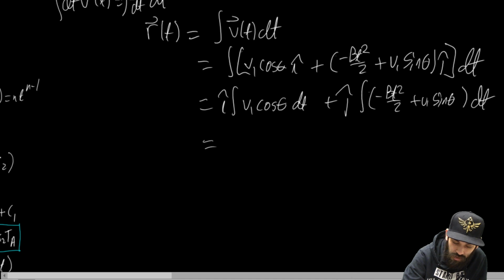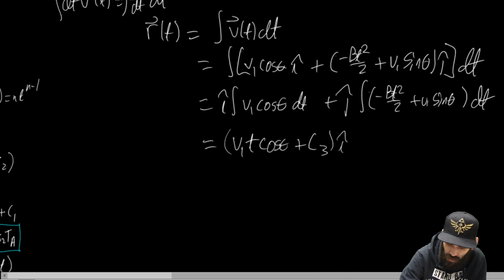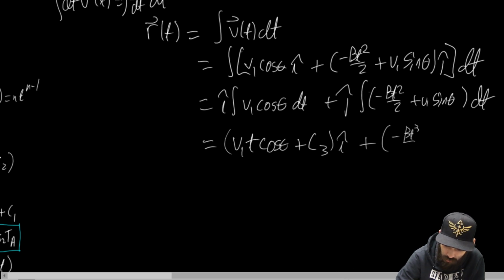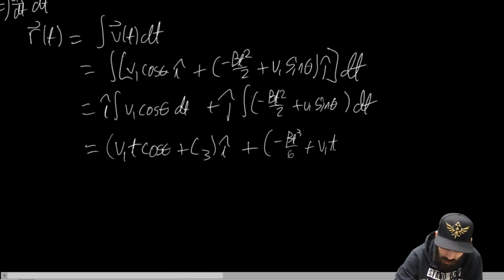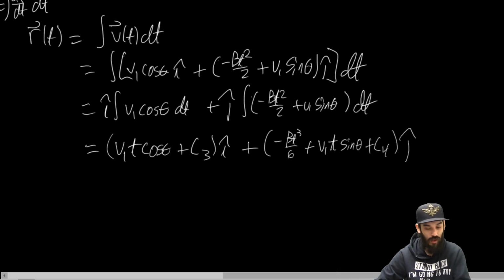So this is going to be equal to v1 t cosine of theta plus a new constant of integration, we'll call it c3, times i hat, plus minus beta t cubed over 6 plus v1 t times sine of theta plus c4 times j hat.